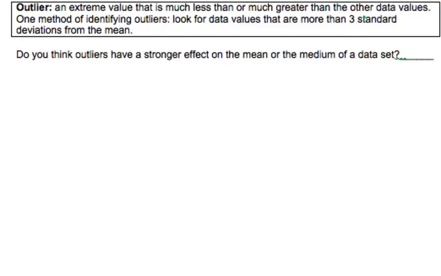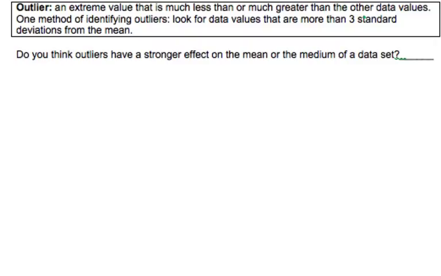So we want to identify outliers. We'll look at this in the next section, but sometimes when finding measures of central tendency, we might want to throw out the outlier or use a different measure, because it can throw off our mean in particular.